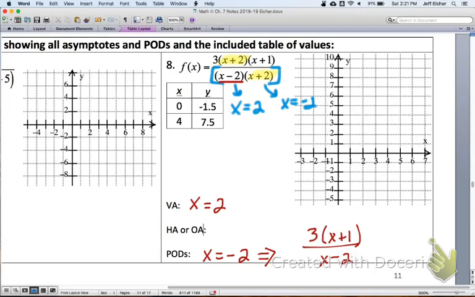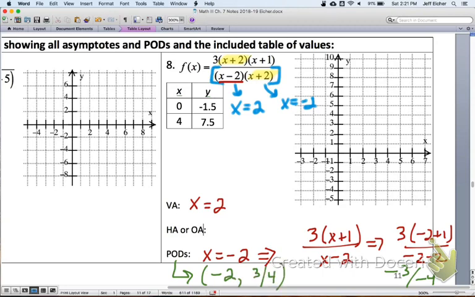We're going to plug in negative 2 into that, so 3 times negative 2 plus 1 over negative 2 minus 2. That would be, let's see, negative 3 over negative 4. So the coordinates of our point of discontinuity would be negative 2 for the x and 3/4 for the y coordinate.